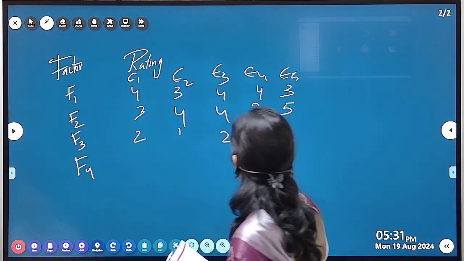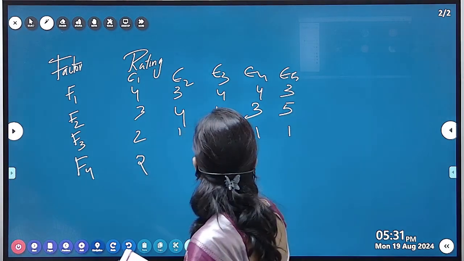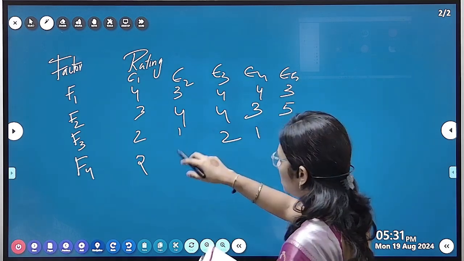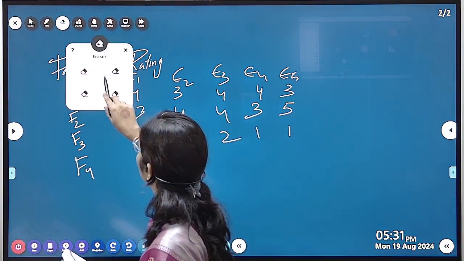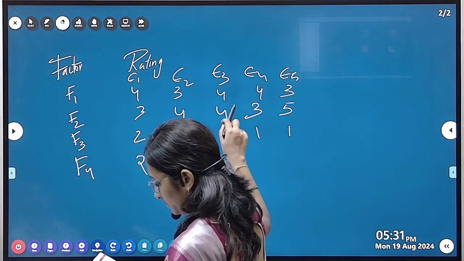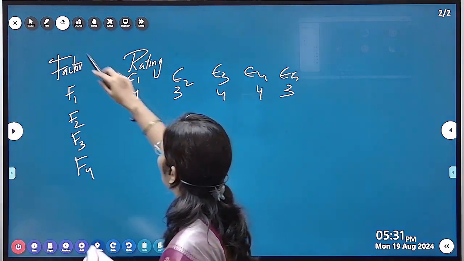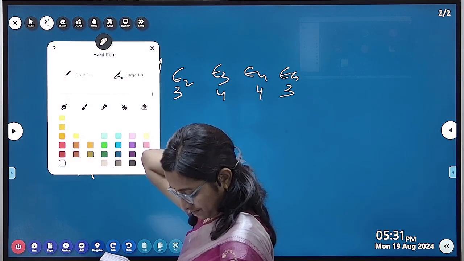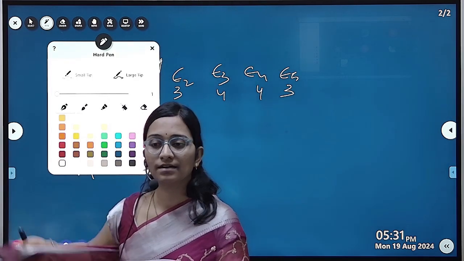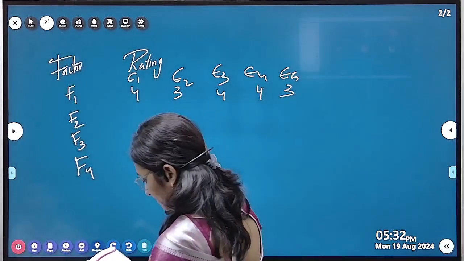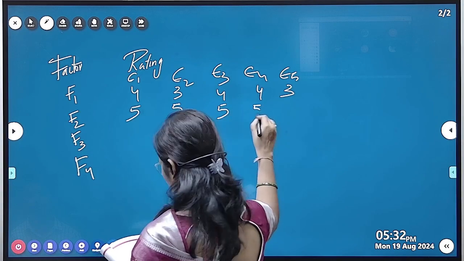Next: 2, 1, 2, 1, 1. Then F4: you have skipped one line. 5, 5, 5, 5, 4.